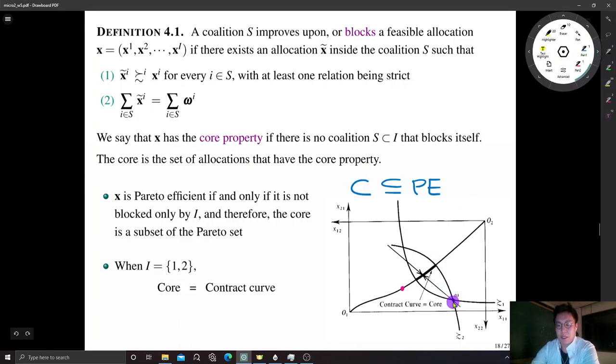Just by consuming the initial endowment, player one's utility level is going to be this one, given by this indifference curve. But the indifference curve passing through this allocation will be lower than this one. So in such a case, player one, so consumer one, will not be involved in the coalition.